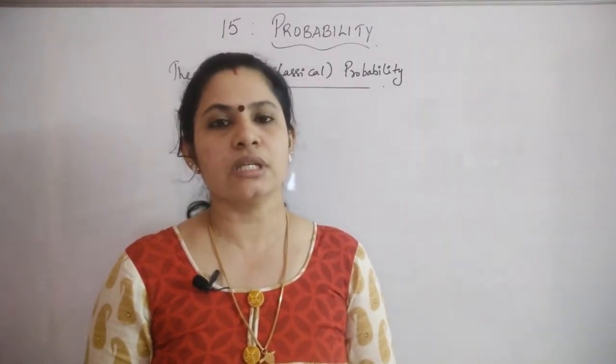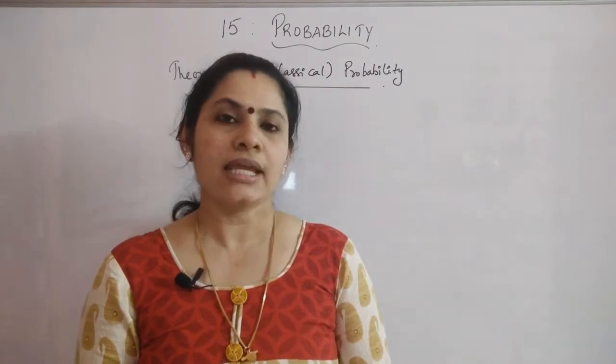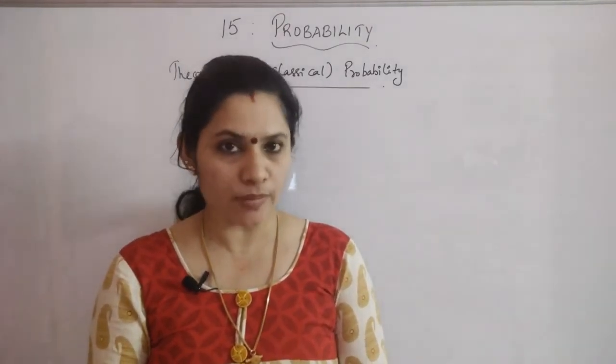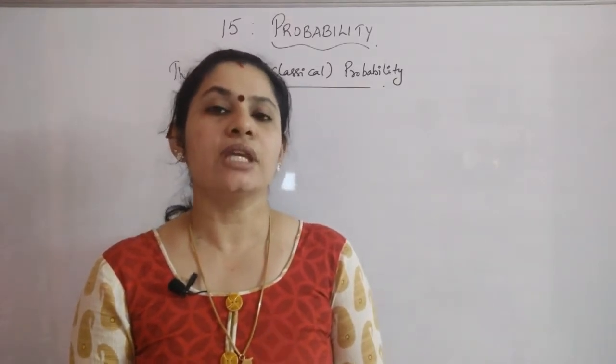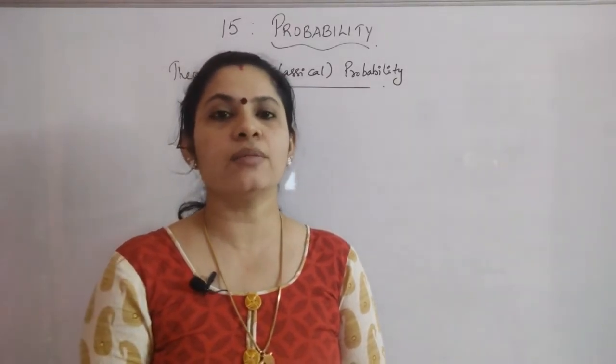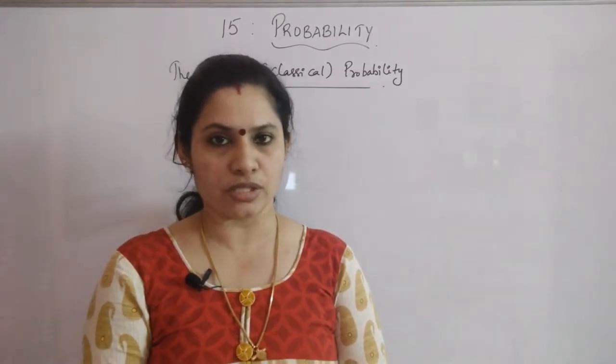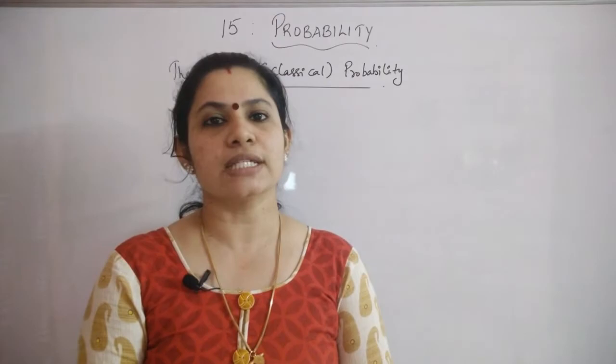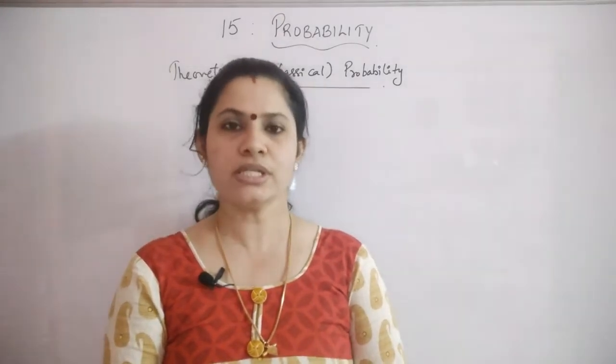So the assumption in theoretical probability is that getting a head or getting a tail have equal chance to occur. So we take the probability of getting a head in coin tossing as half or 0.5, and the probability of getting a tail is also 0.5.